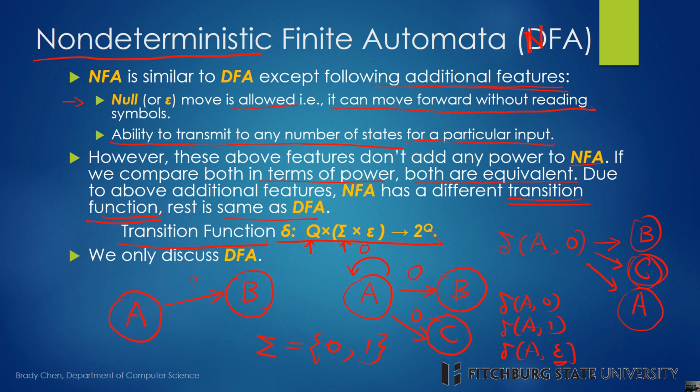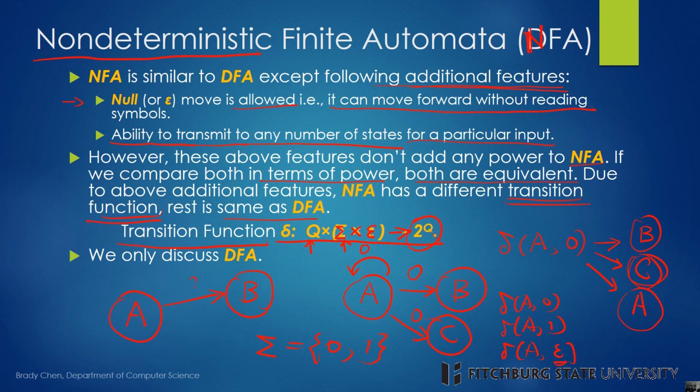So that's why it's sigma union epsilon. Now, which potential state the transition function is going to move to is also uncertain. It might be any of the states. So potentially it could be 2 to the Q.